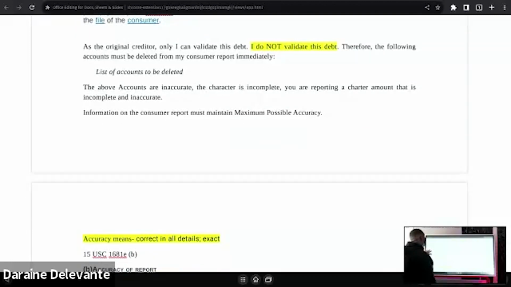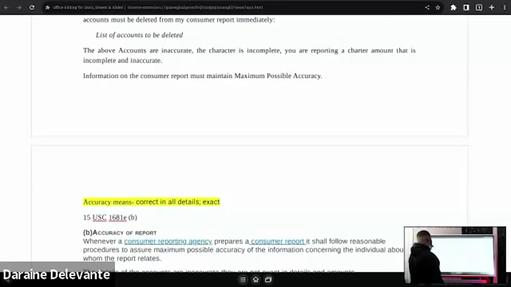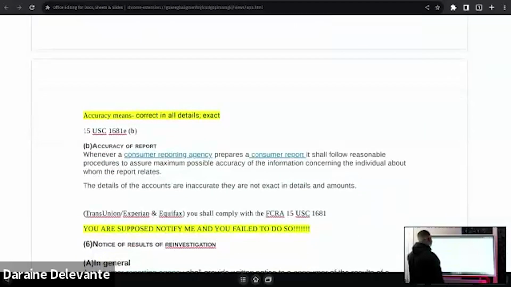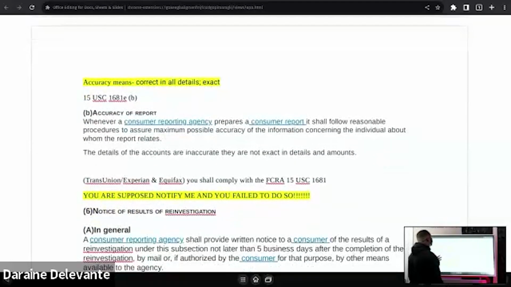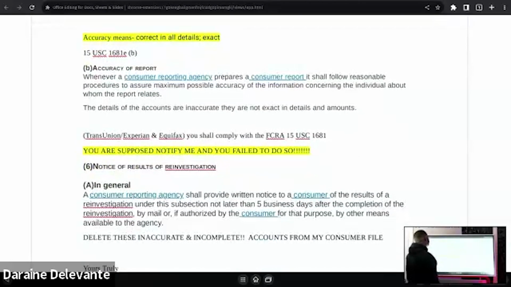The above accounts are inaccurate, the character is incomplete, you are reporting a chargeoff amount that is incomplete and inaccurate. Information on the consumer report must maintain maximum possible accuracy. Accuracy means correct in all details, exact. 15 USC 1681e(b). And then we go on to describe accuracy of the report.